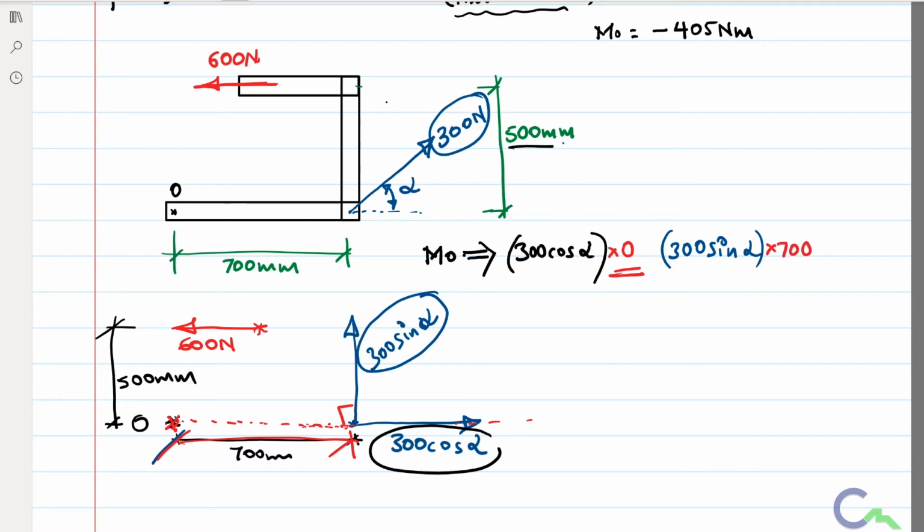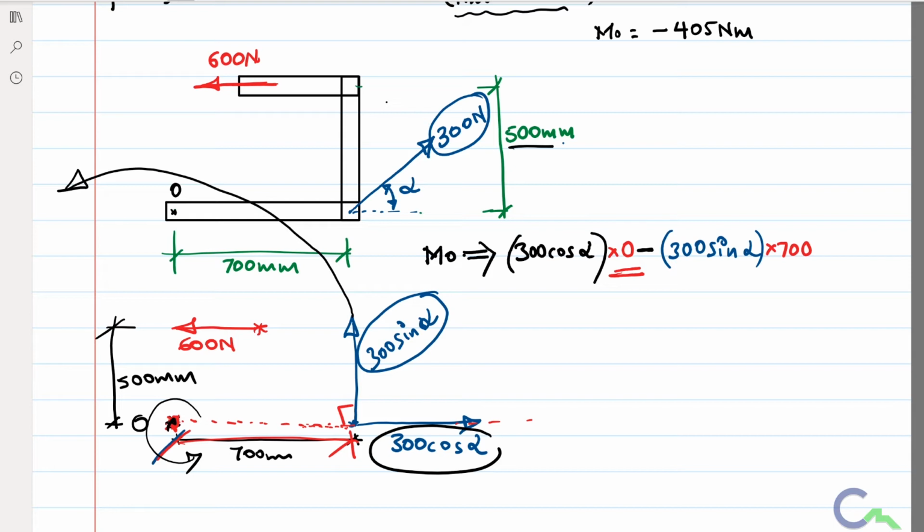Now the question is whether it is going to rotate about this point O clockwise or anti-clockwise. If I take this as center and apply this force like this, I am trying to draw a circle, and it is going to rotate in anti-clockwise direction. Therefore this value is minus.